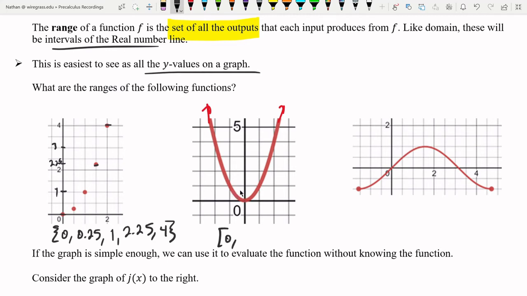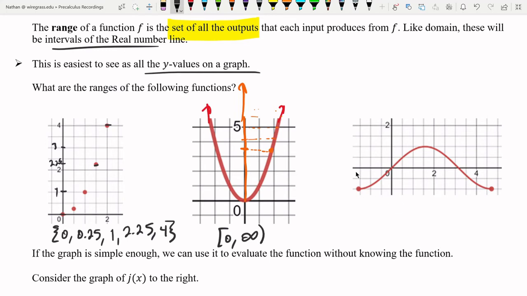And all of this stuff is included in the range, because I can go over to the function and that gives me a y value at that spot, and keep going back, all the way up forever. So that means this thing has a range from 0 to infinity.